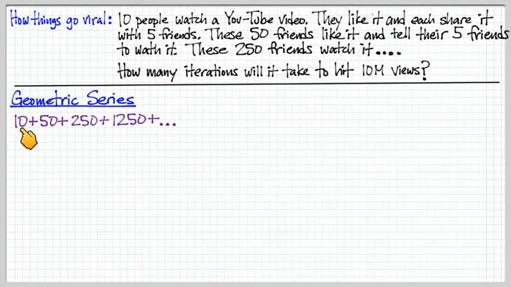So if we want to work something out like this, we start with 10 people, then 50 people after that watch it, then 250 people watch it after that, and then 1250, and so on and so forth. We can express this as a geometric sequence where the rule is a_n is equal to 10, which is the initial value, times 5, which is the common ratio, raised to the power of n minus 1.